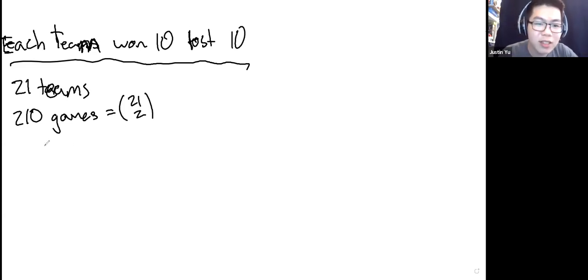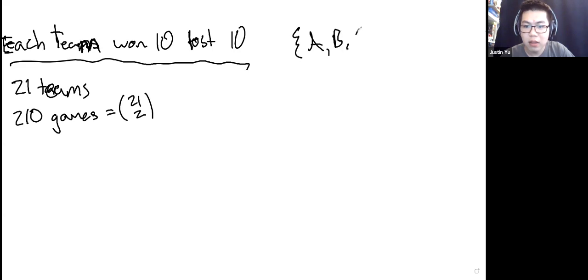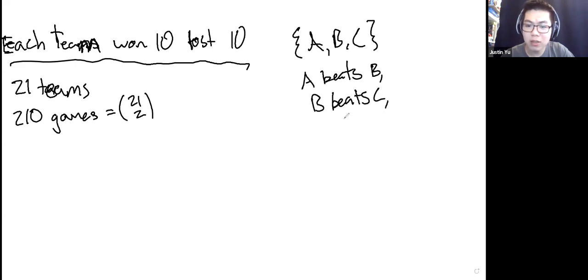Yeah, so this number is actually not going to be important. But what is important is that remember that we're selecting triples. So how many ways can we select triples? How many ways can we choose 3 teams?